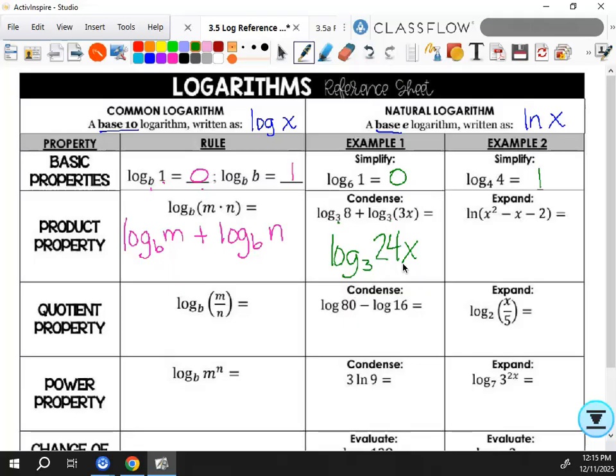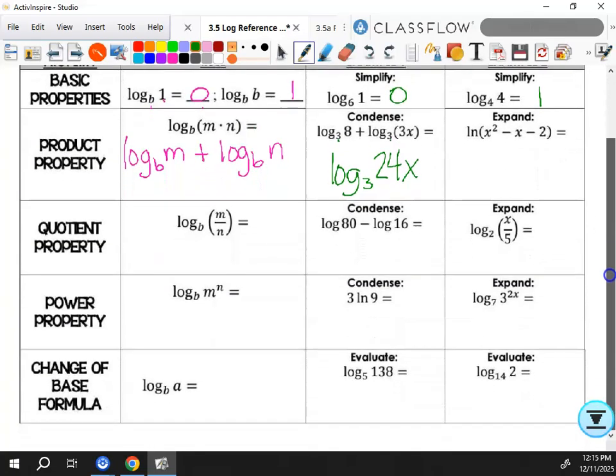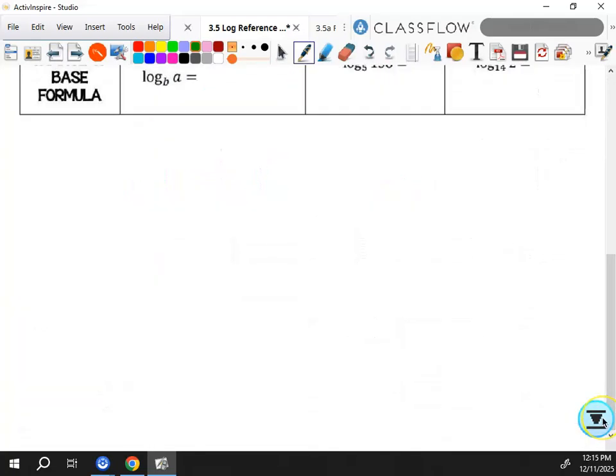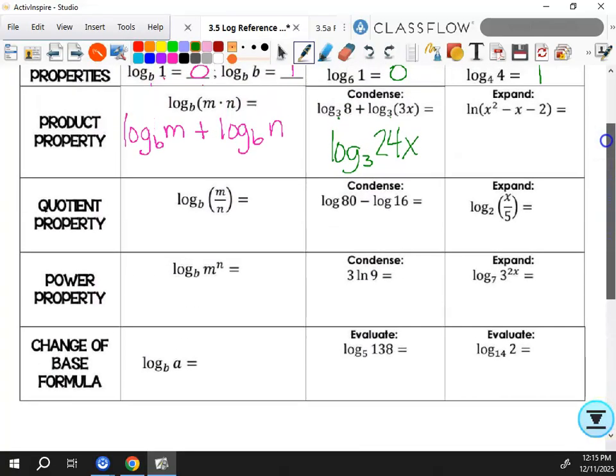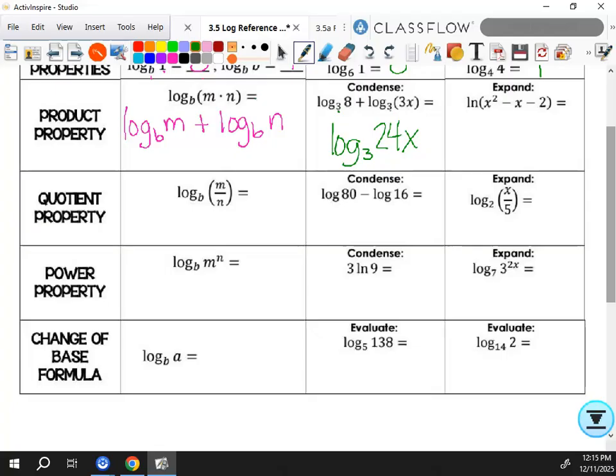If I'm going to expand it, then it would be more like what we just wrote for that property there. So the first thing I would need to do here, because I have a bunch of subtraction, what I need there is multiplication. So I need to factor. This would be the natural log of, and then I can get two little binomials there. What would the first one, well, they both start with x. Okay.